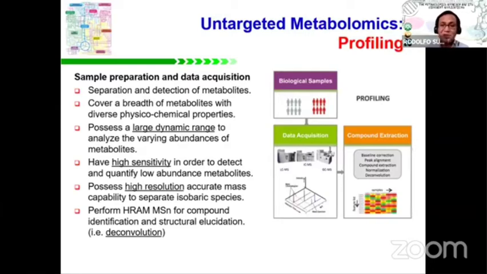Okay, so in fact, many of these intermediates are anaplerotic. They give rise to other intermediates that belong in a different pathway. So you see that there are interconnections between these pathways, and this is actually what you want to capture in discovery or untargeted metabolomics. That's why it is important that your platform must have large dynamic range.